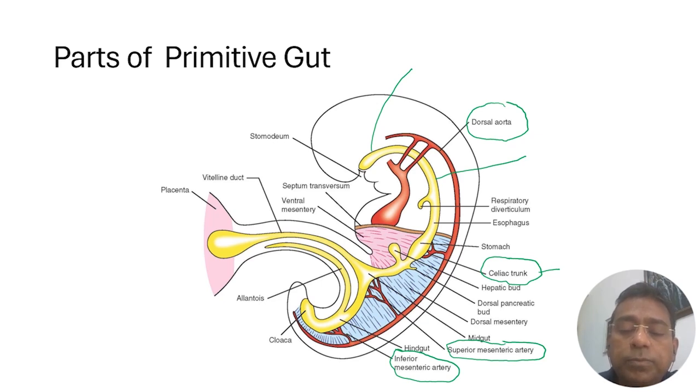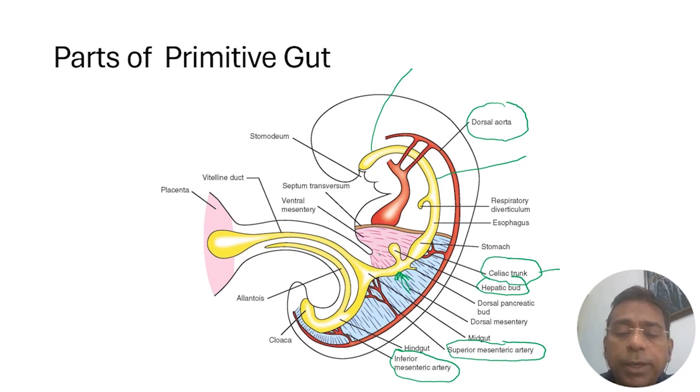The junction of the foregut and the midgut is at this point where the hepatic bud is opening. If you recall from the gross anatomy, the junction of foregut and midgut is where the common bile duct opens into the duodenum, and the common bile duct is formed by the hepatic bud. We'll discuss that later in detail.